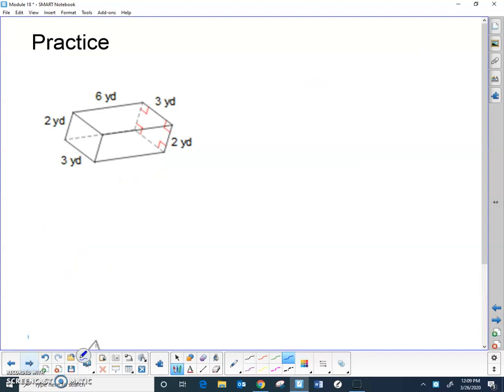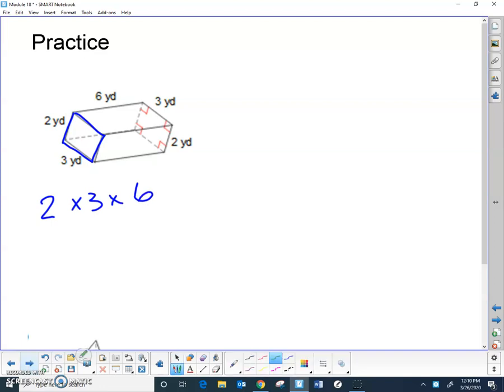All right, so practice using these. We need to figure out which one is the base. The base is going to have two identical shapes and only two. On this one, we could call any number of these our base because we are going to multiply the same measurements. If we call this our base, we have 2 times 3, and 6 would be our height.